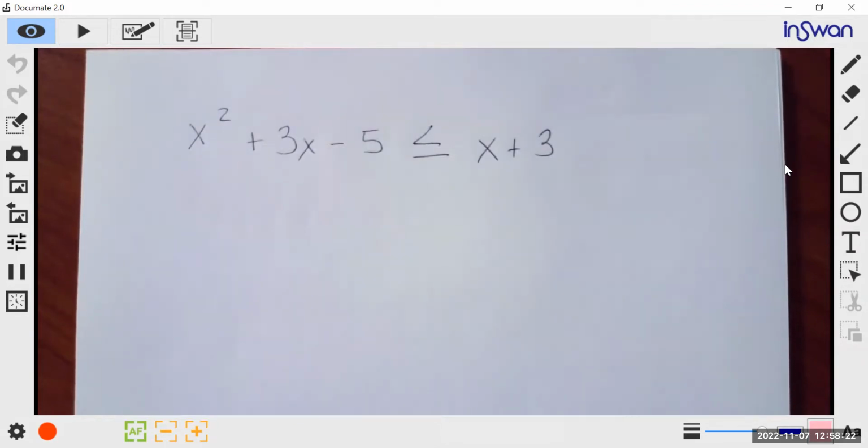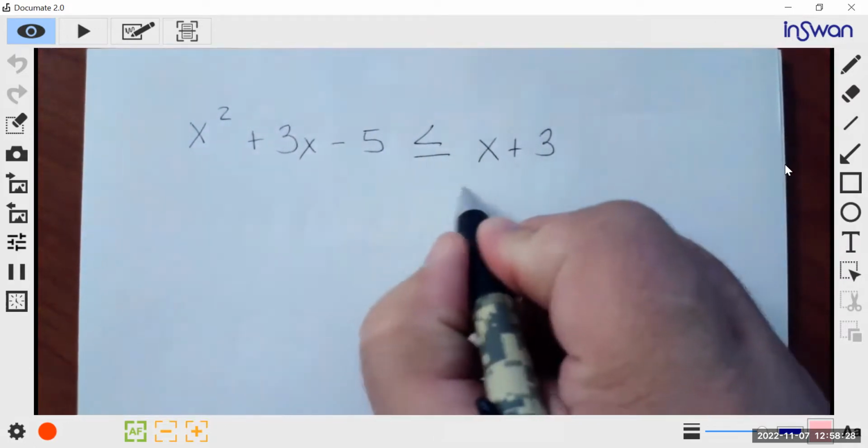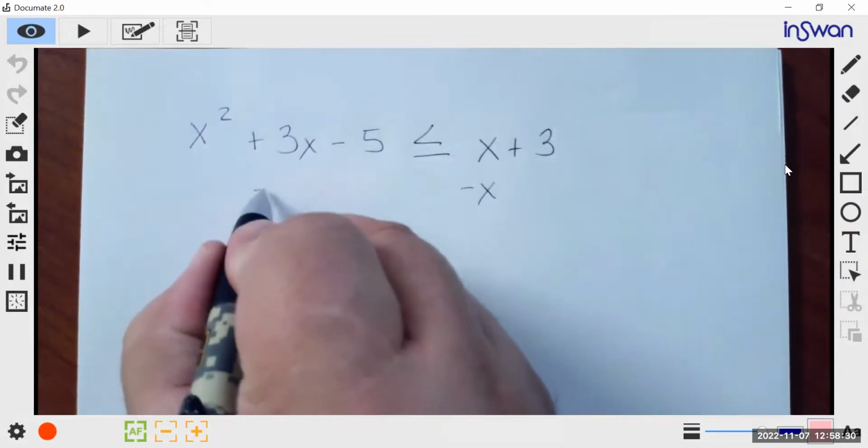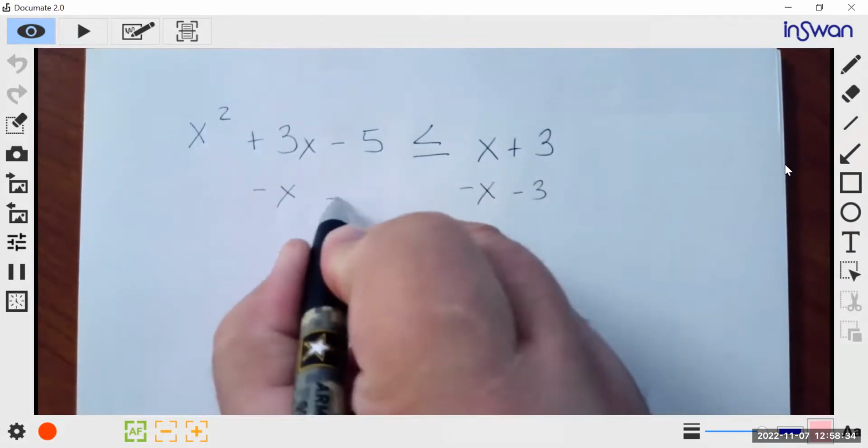So we have to do what first? Yep, you have to have 0 on one side. So we have to move this stuff over. Subtract x, subtract 3.